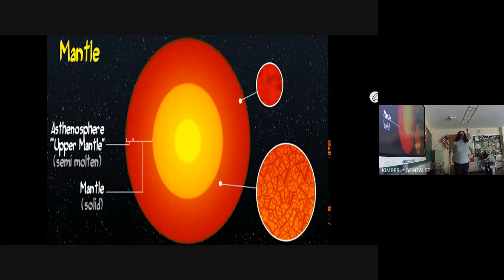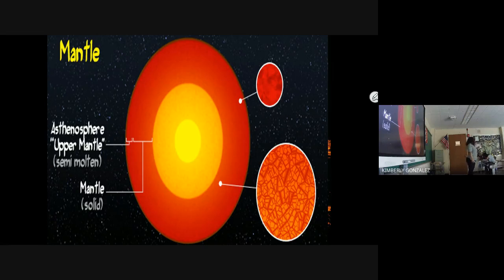So you have the upper mantle versus the inner mantle. The upper mantle is somewhat molten. So it's kind of liquefied, but not completely liquefied. Whereas the mantle is completely solid.